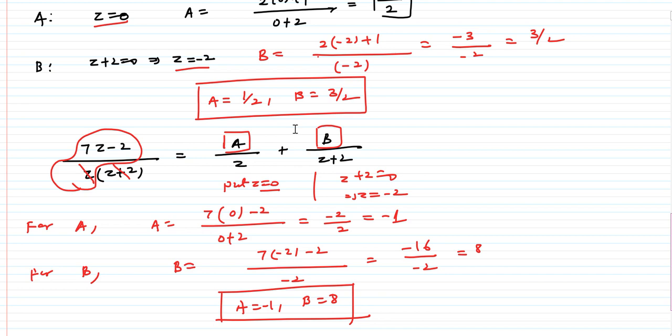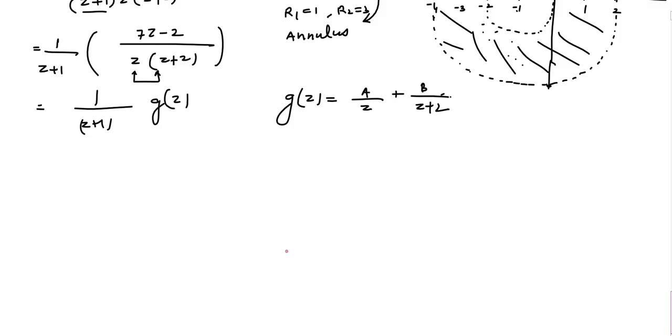in the given partial fraction. So here the value of a is negative 1 upon z, and the value of b is 8 over z plus 2. So now we need to put z plus 1 equal to t, then we have the value of z as t negative 1.